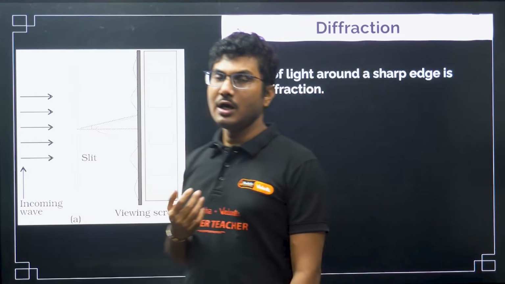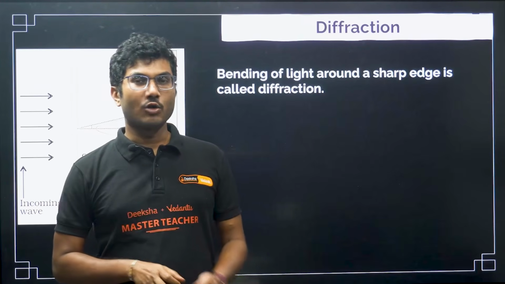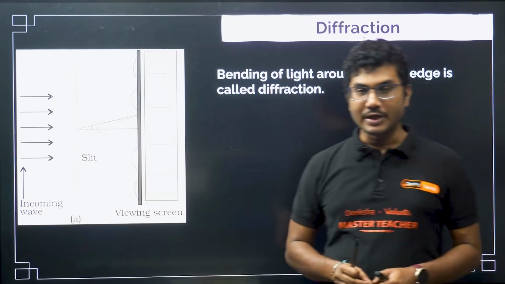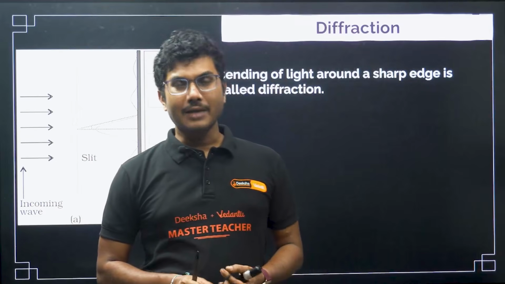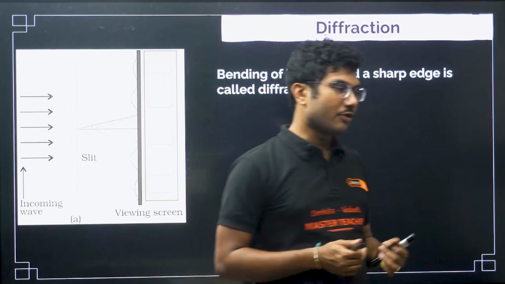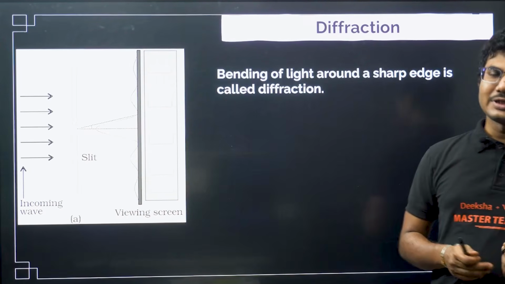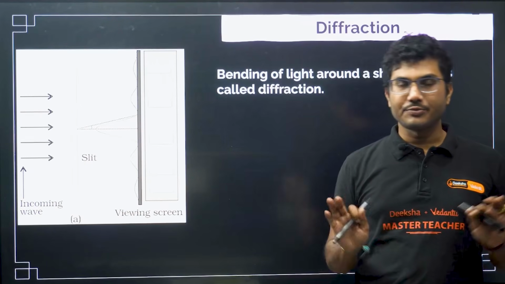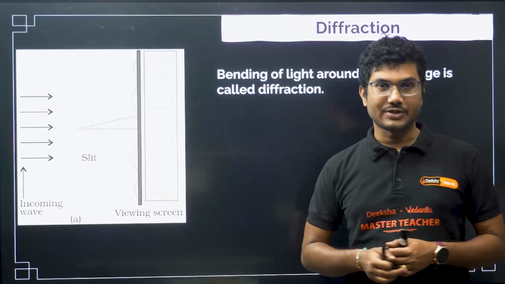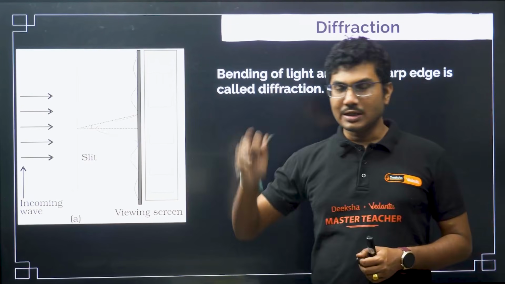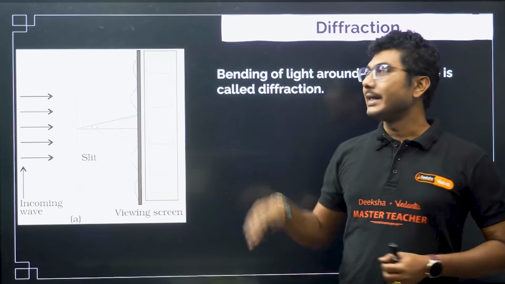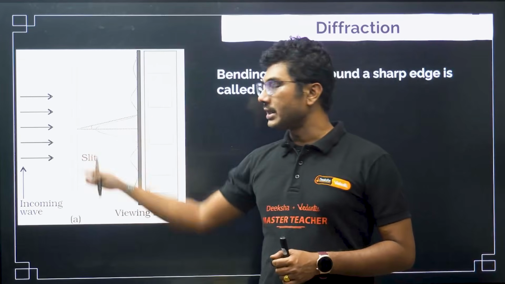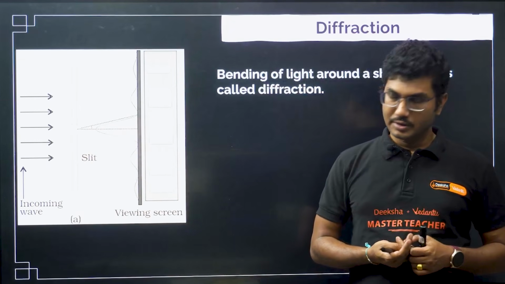Suppose you are using a 500 nanometer light, and you are using a 5 centimeter opening. That means the opening is too large, and a lot of light will pass through that opening and you will not observe any interference or even diffraction. For Young's double slit we need 2 openings; in diffraction we just need 1 opening. Only 1 opening is sufficient to observe diffraction.